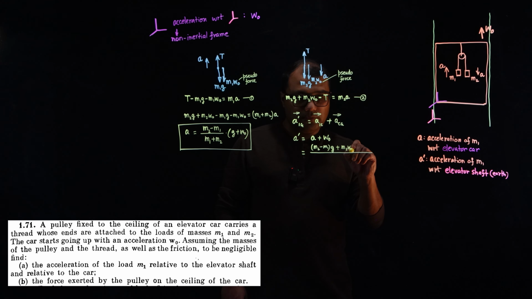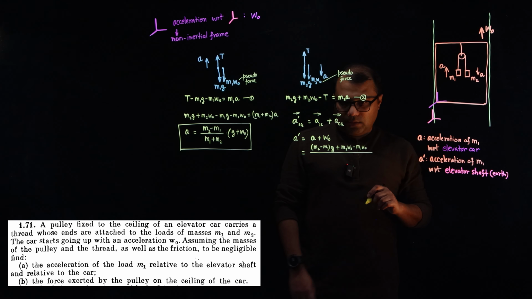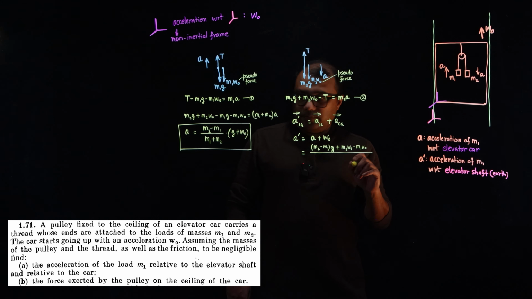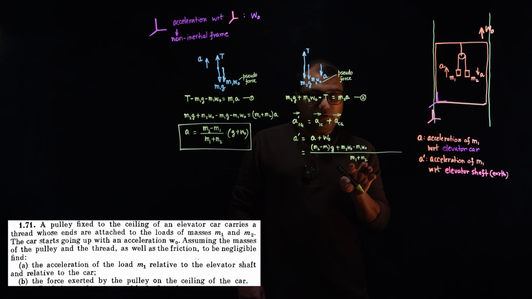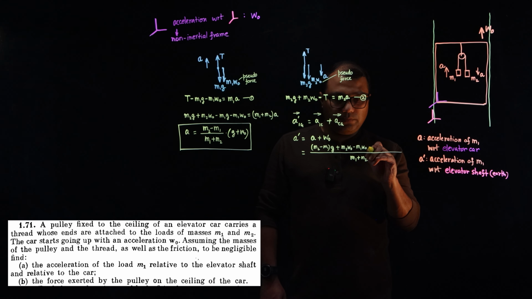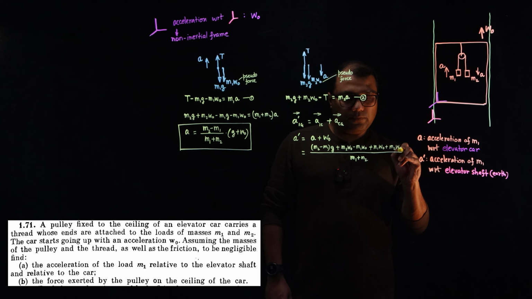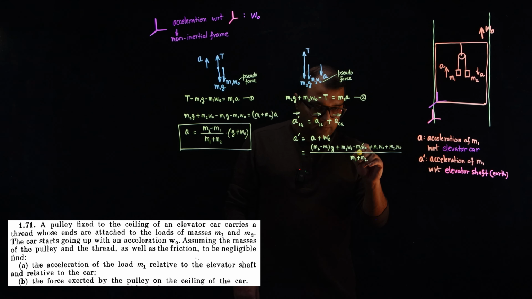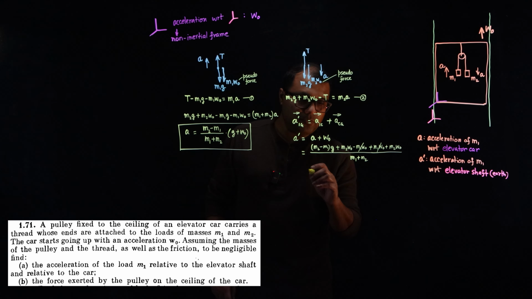plus m2 w0 minus m1 w0. So I just expanded this, and in the denominator we have m1 plus m2, and we need to multiply this with w0. So plus m1 w0 plus m2 w0. So you can see m1 w0, m1 w0 we can cancel out, and these two are 2 m2 w0.